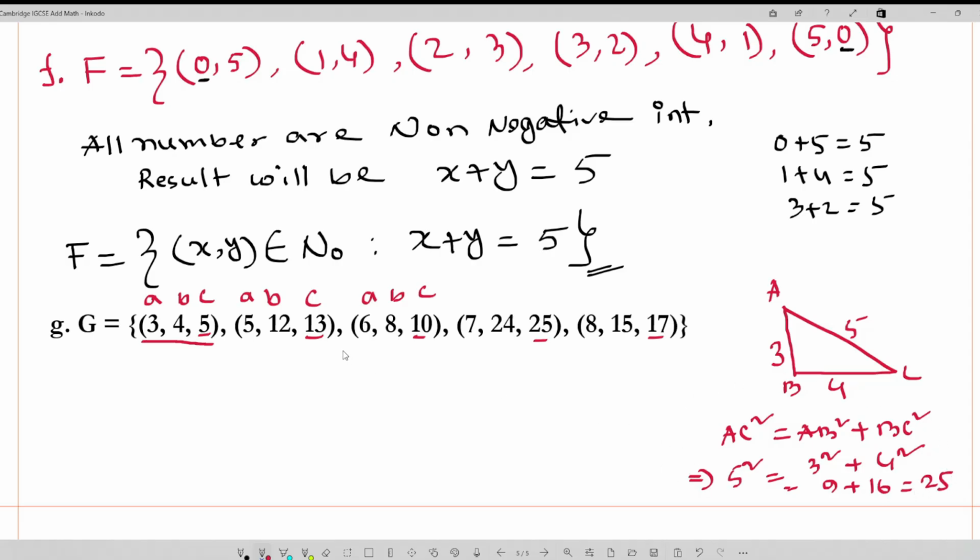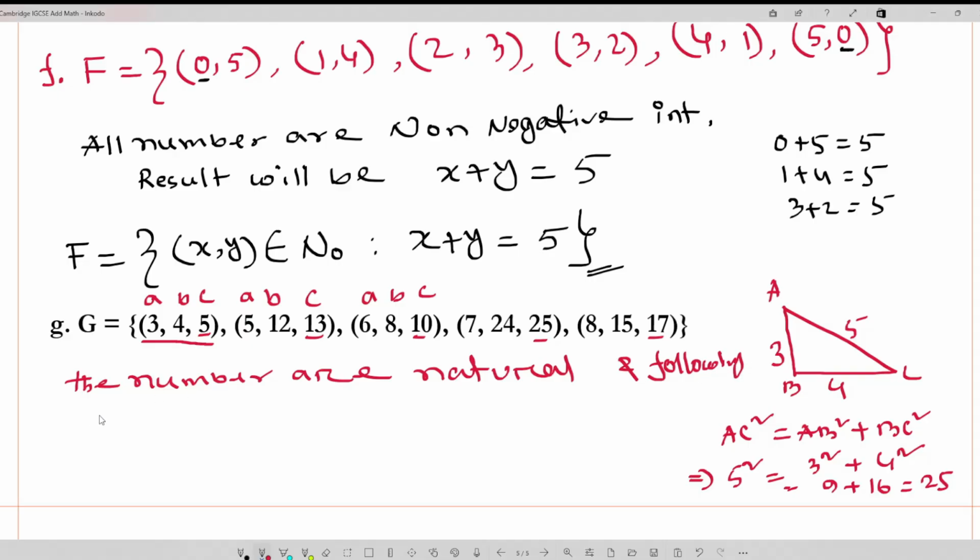So this one we can say the numbers are natural and following Pythagorean triples, right?